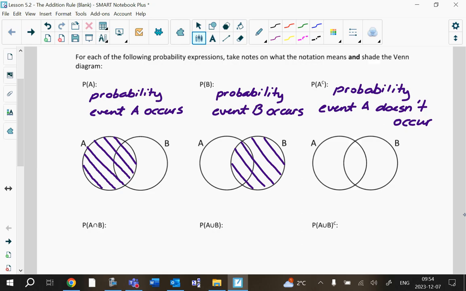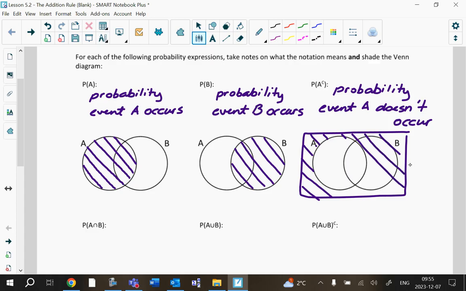Well, to show that visually, we'd have to shade everything outside of circle A. So what we need to do in this case is put a rectangle around this one, because we need to shade everything outside of A. There may be stuff going on outside of A and B. It would look like that. Basically, you would put in a rectangle to talk about the whole situation, and then you would just shade the rectangle outside of circle A.